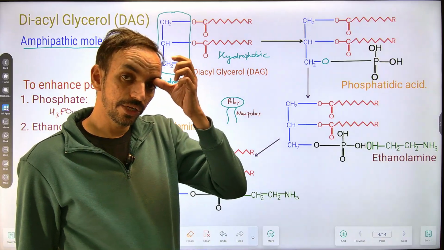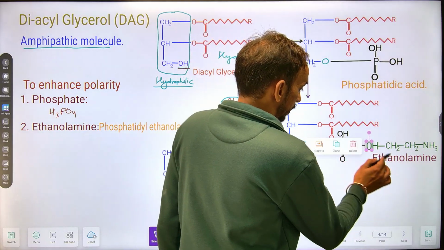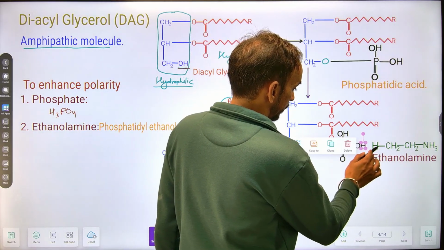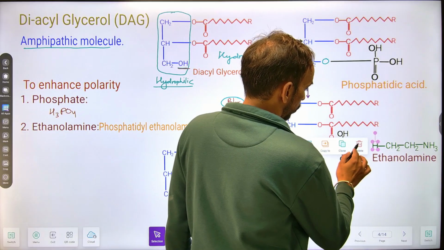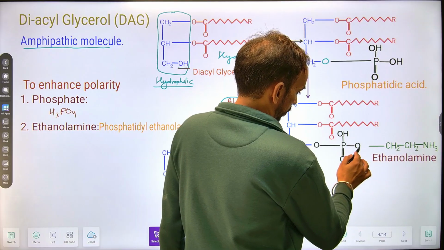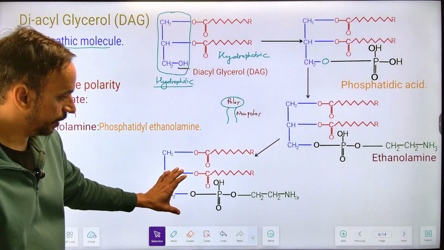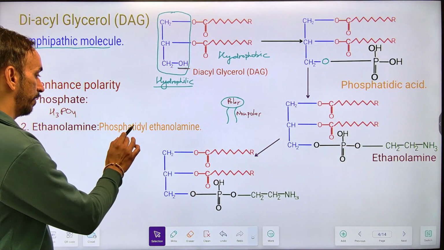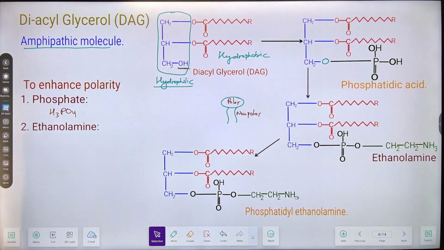If you add this ethanolamine onto this phosphatidic acid, again there is a condensation reaction that leads to the removal of H2O and the formation of a bond. Then the structure is known as phosphatidyl ethanolamine.